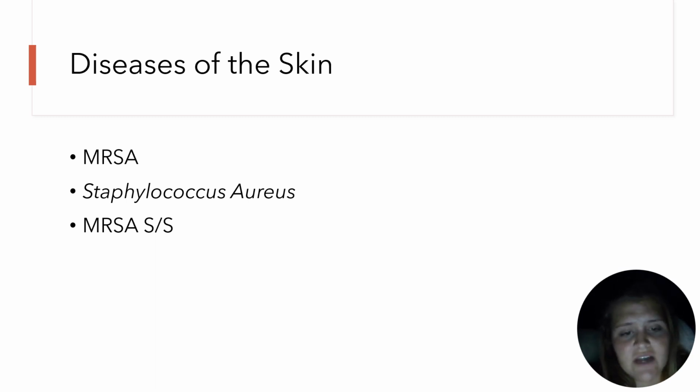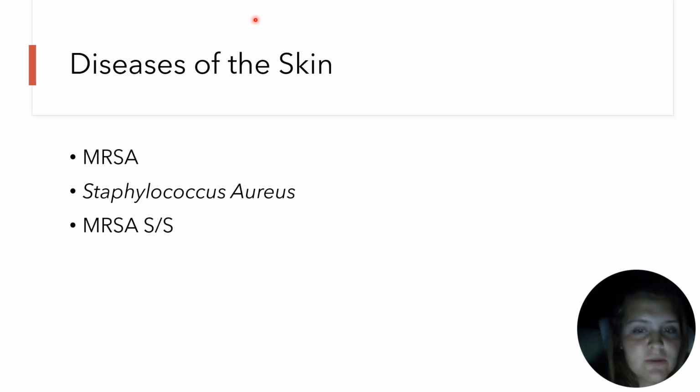So MRSA signs and symptoms. For this disease you have raised, red, inflamed, and localized lesions. Usually you have pus that comes out of these lesions, and it occurs in breaks in the skin, usually by shaving or cracks. Symptoms would be like a fever, that's common.